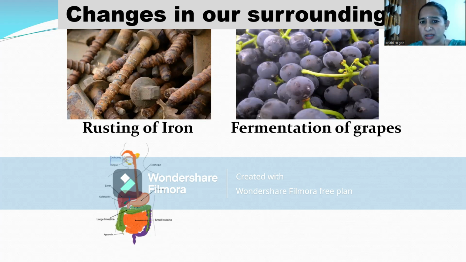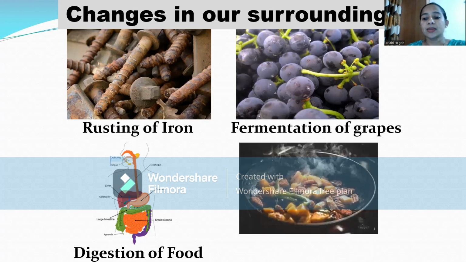And we have one system present in our body. Which is the system? Yes, you are right, children. It is the digestive system. The digestive system helps in digestion of food. This digestion of food is also a chemical change. And here a tasty food is being cooked.